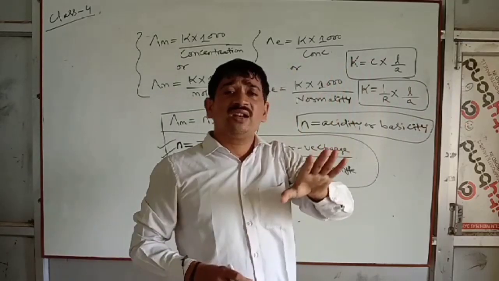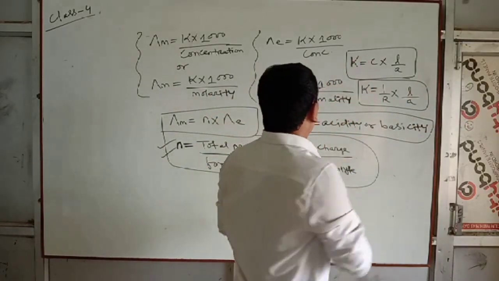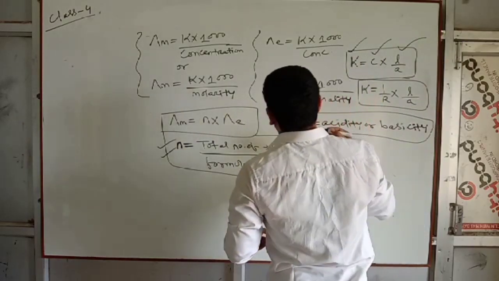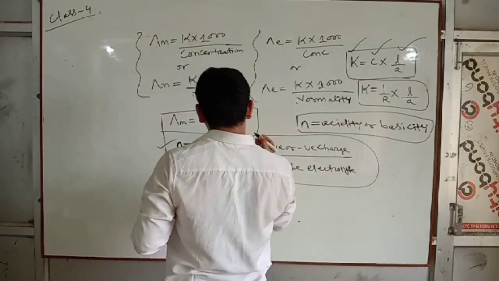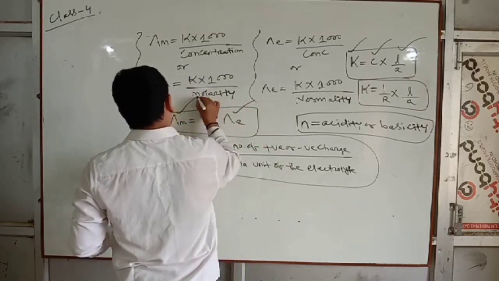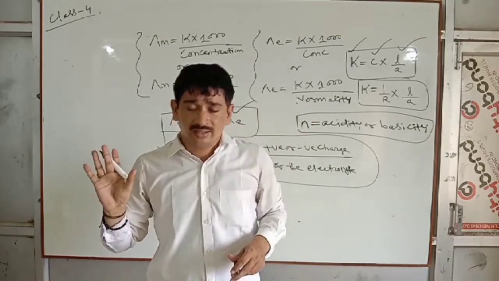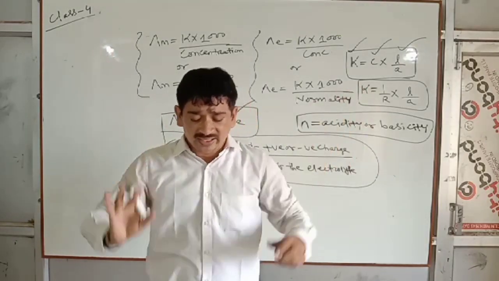I have also given all the units: specific conductance, conductance, cell constant, equivalent conductance, molar conductance, and so on. Clear?